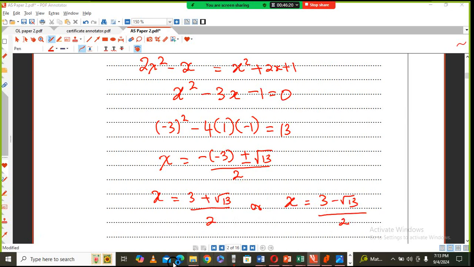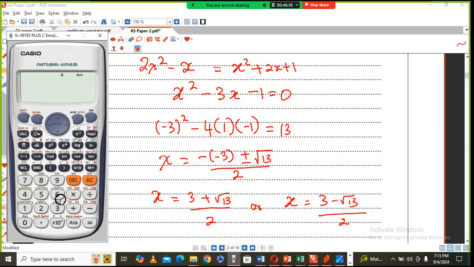Now, obviously, one of those answers will not work. I think it's the positive one, 3 plus root 13 upon 2. This is the only answer that is acceptable, yeah?